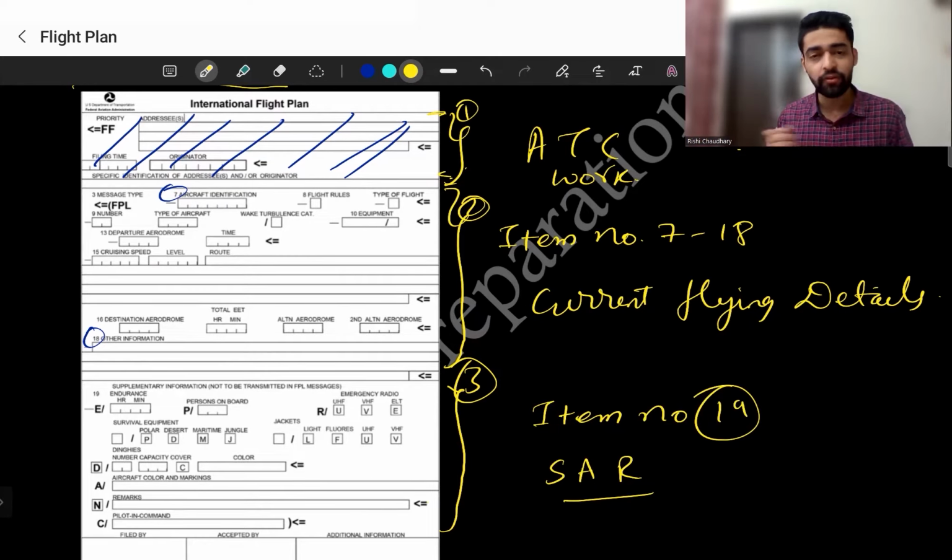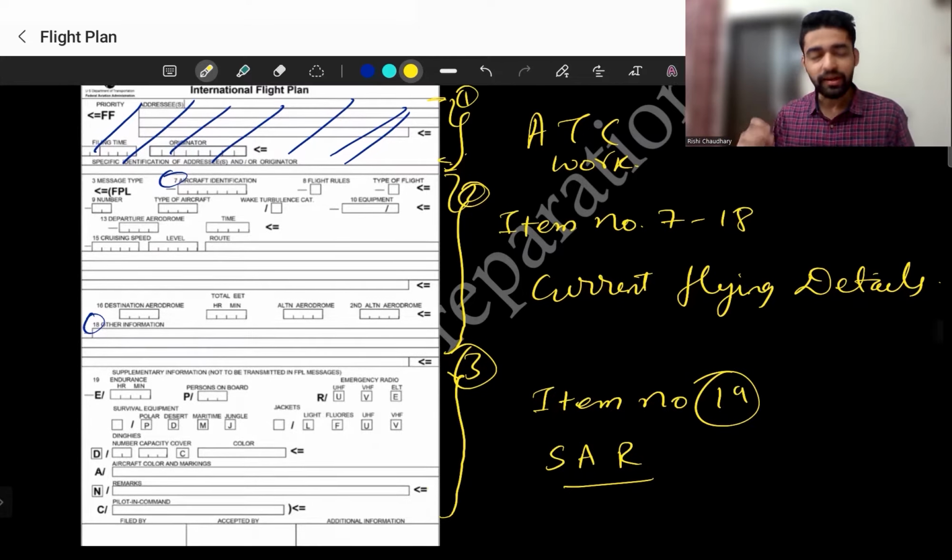Everyone will know with the help of your flight plan whether you are safe, how many passengers are there. Every detail will be written in this part, and with the help of this we can also identify the aircraft, because we will also tell the color of the aircraft and a lot of things. So this is the third part which we have to fill.